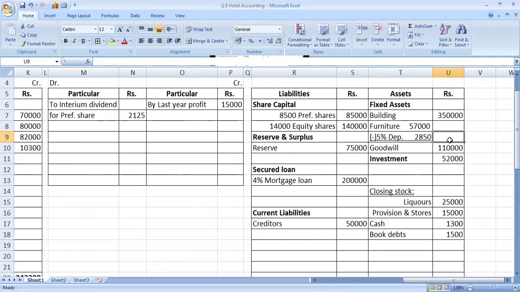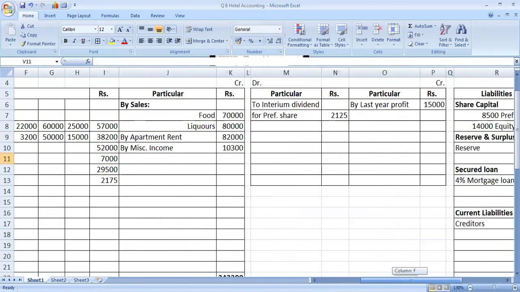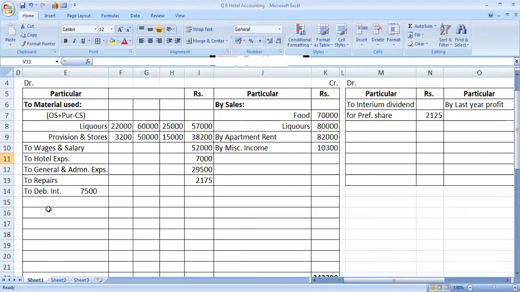Outer column amount 54,150. Second effect goes to the profit and loss debit side, to depreciation on furniture, amount rupees 2,850.